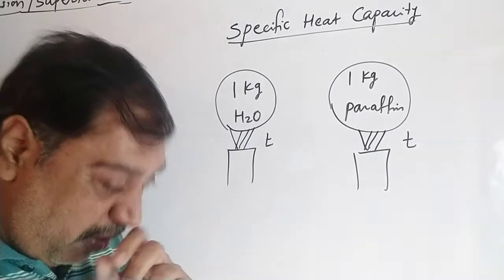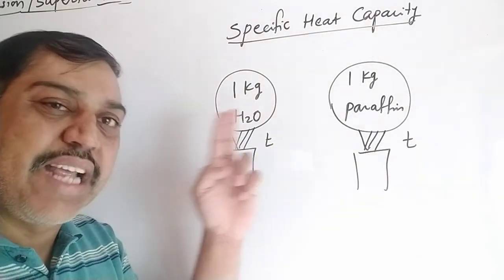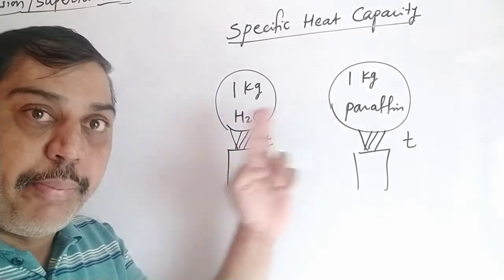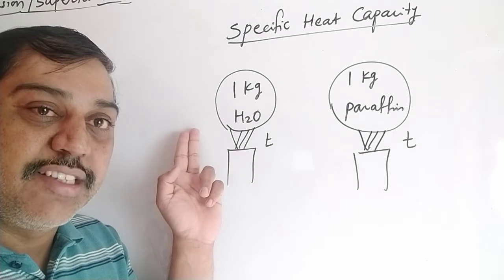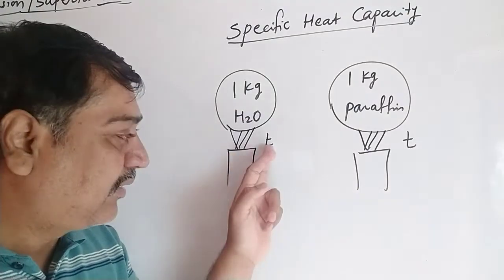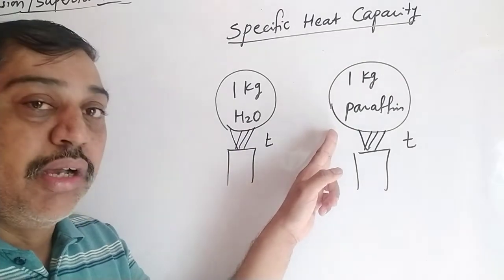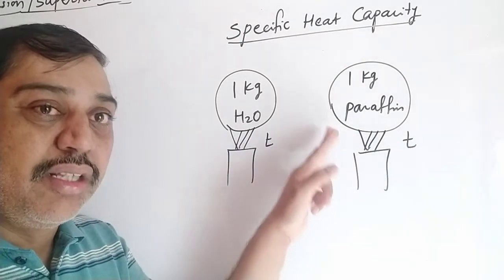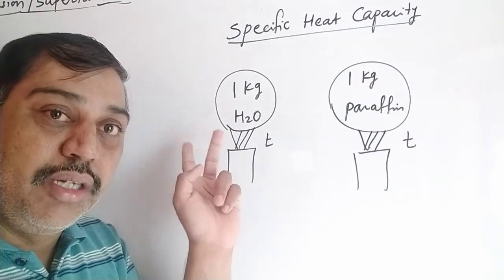Then the expectation is that whatever the change in temperature of water, that must be the same as the temperature change in paraffin. But practically it is seen that if the temperature of water increases by 1 degree Celsius for this time and this heat, then for paraffin, for the same time and the same heat, the temperature increases by double that of water.